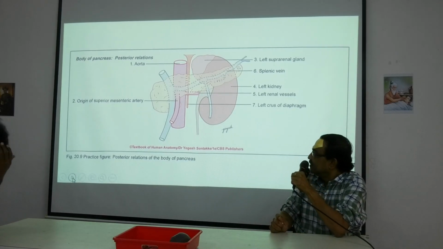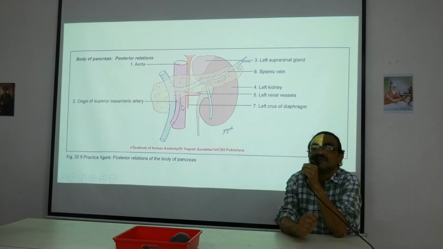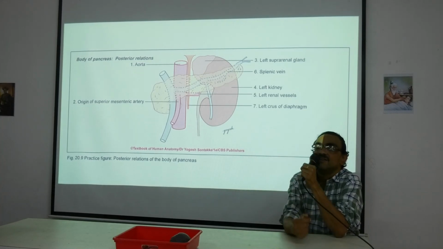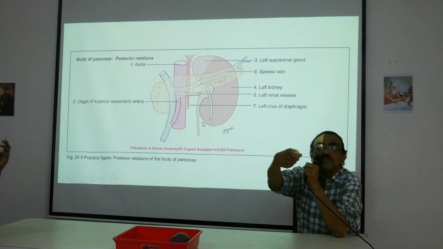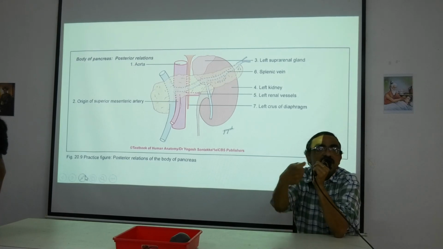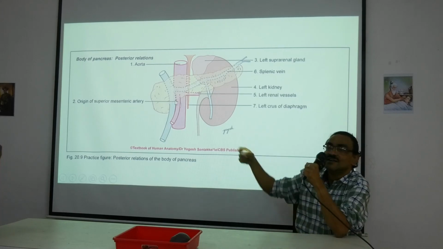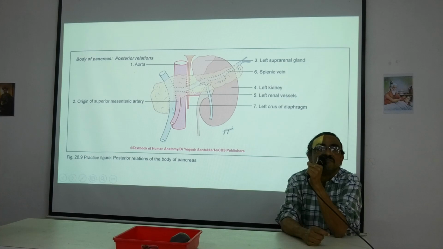Now we can find the uncinate process, the hook of the pancreas. Hook-like. From the left edge of the head, we can see the hook-like process. Uncinate means hook. And it holds the vessels.